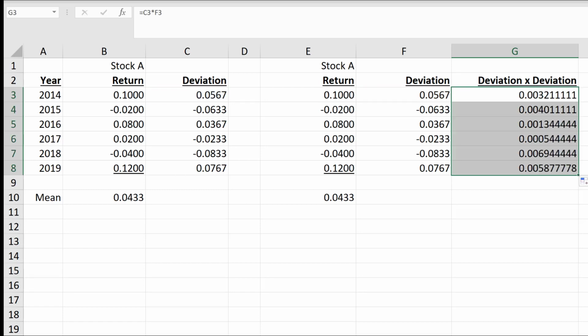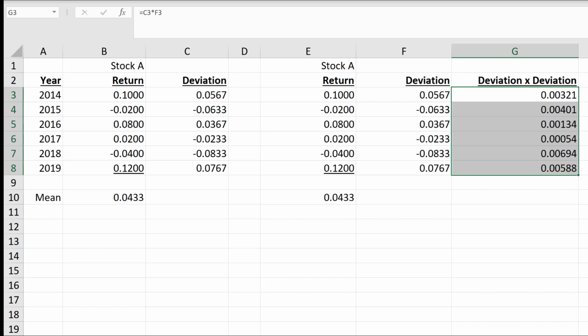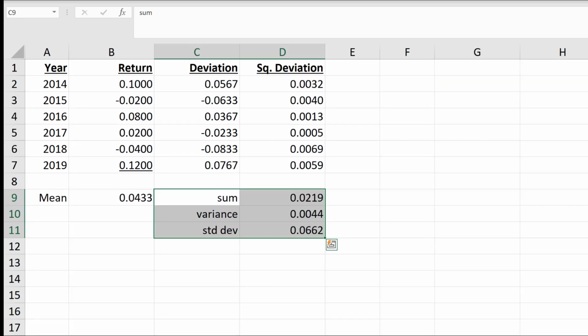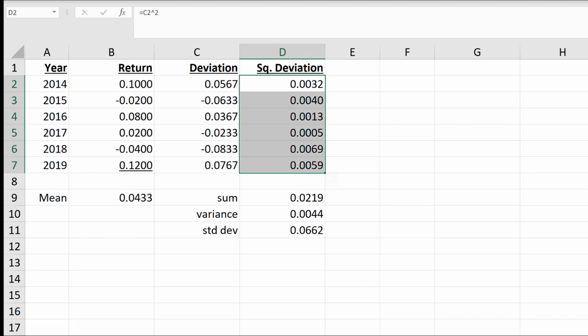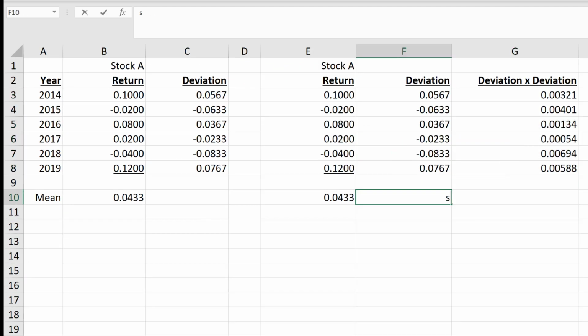Copy that down. And to no one's surprise, this deviation times deviation column is going to look identical to the squared deviation column before. And so we can sum that column.